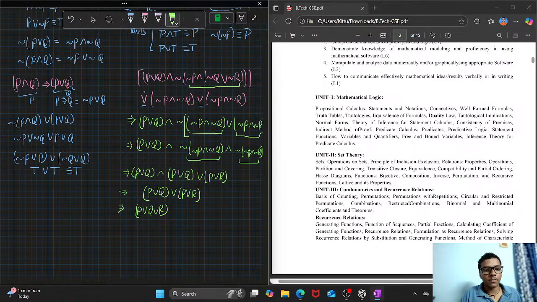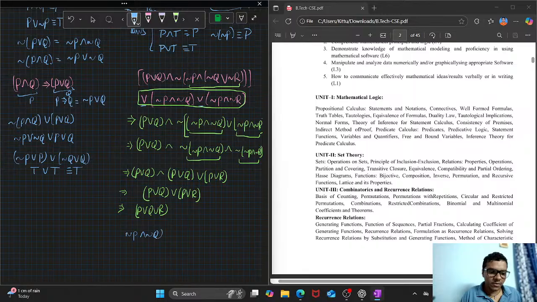And okay, now let's do this part actually here. I'll use another pen for this. And so that's negation of P and negation of Q or negation of P and negation of R, right? If you see here, negation of P and is common.